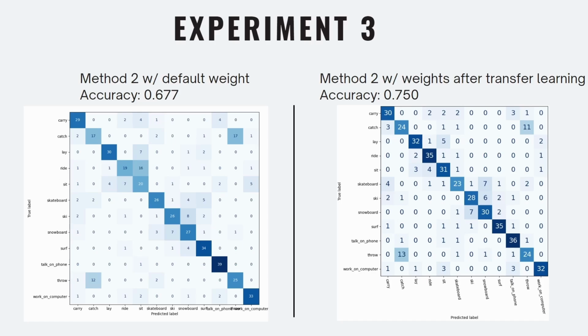Therefore, we want to introduce the transfer weights from method 1, since those weights are fine-tuned on our own dataset. In experiment 3, we train method 2 with the weights trained by method 1, and the accuracy also increases, which proves our idea.